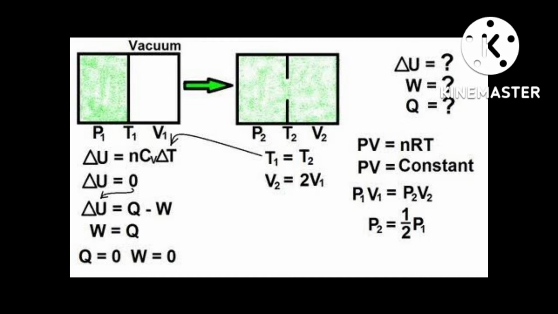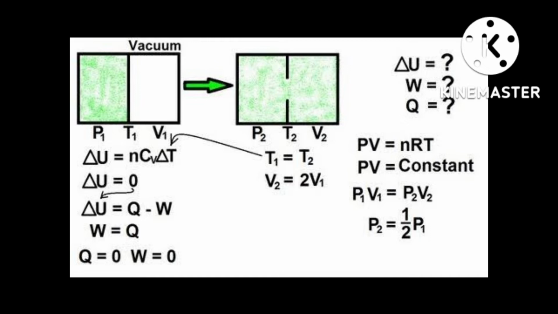Last class I discussed work done under reversible condition, and we got the expression: work done reversible is equal to minus 2.303 nRT log V final divided by V initial.